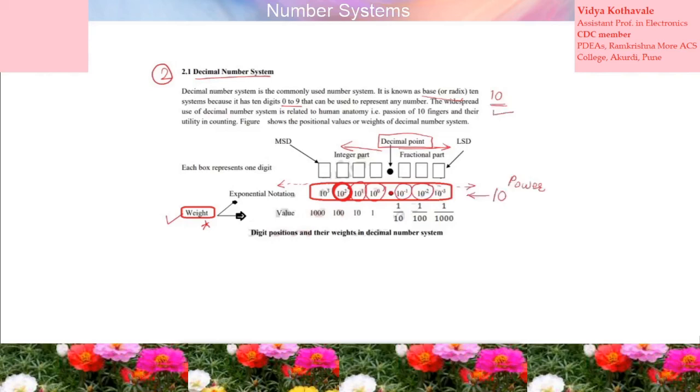Because the base or radix of the decimal number system is 10, we everywhere consider 10 to the power. In the binary number system, it was 2 to the power. This point is to be noted. As with the binary number system, we have the least significant digit towards the rightmost side and the most significant digit towards the leftmost side.